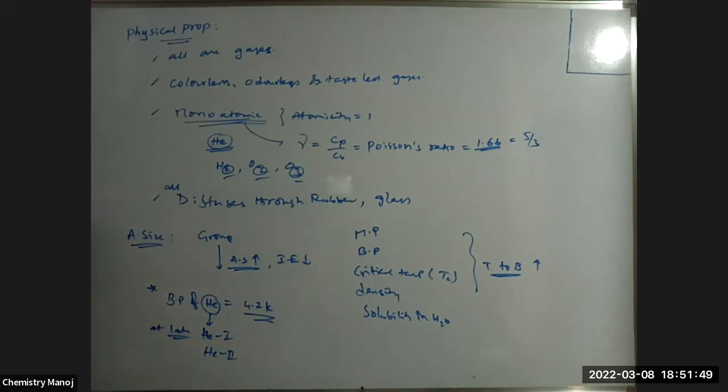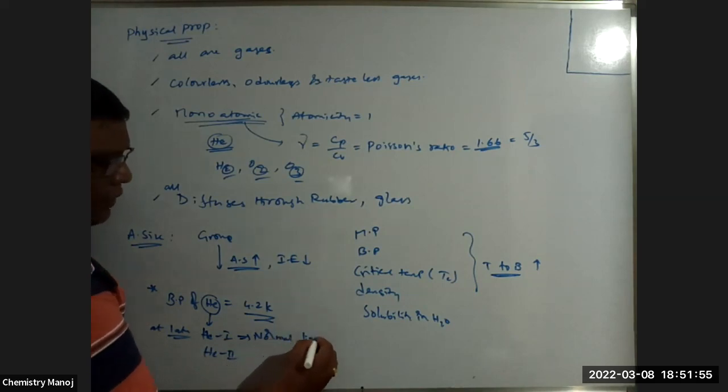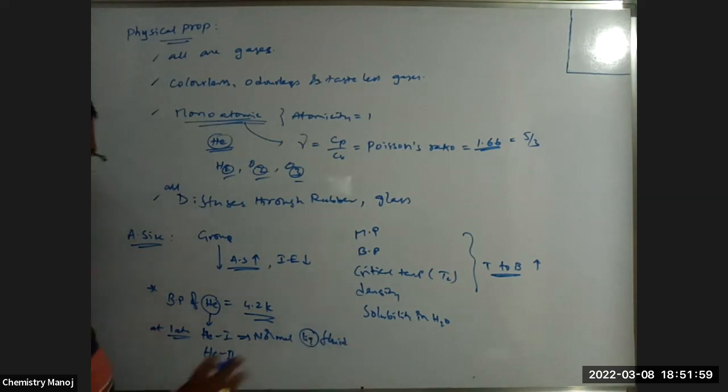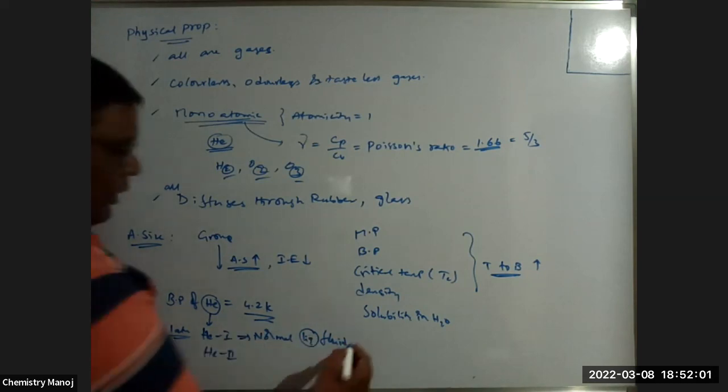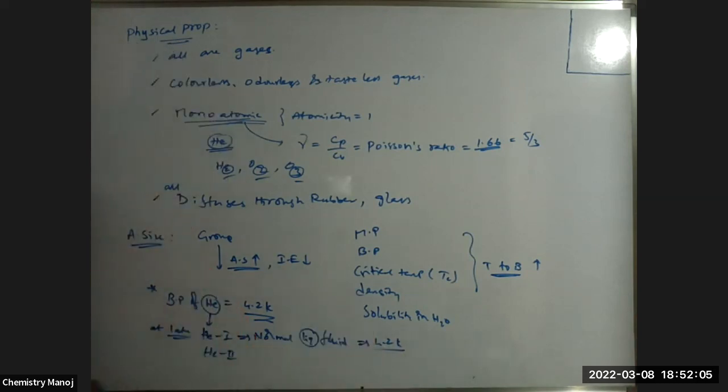Helium 1 behaves like a normal liquid, a normal fluid, and its boiling point is 4.2 Kelvin, no doubt.